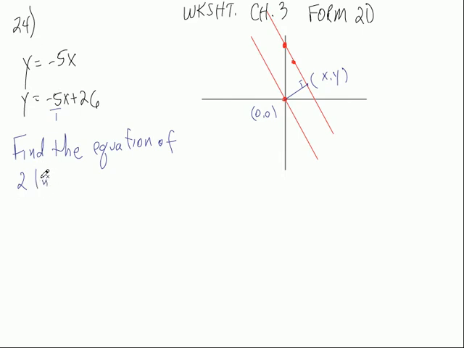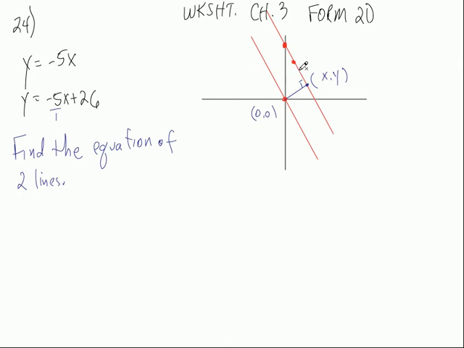Which two lines? Well, the two lines that this point is a part of. Everybody see that? So what two lines intersect to make that point right there? This one, y equals negative 5x plus 26, and what else? This little one right here. You with me? So I got to find the equation of both of those lines.